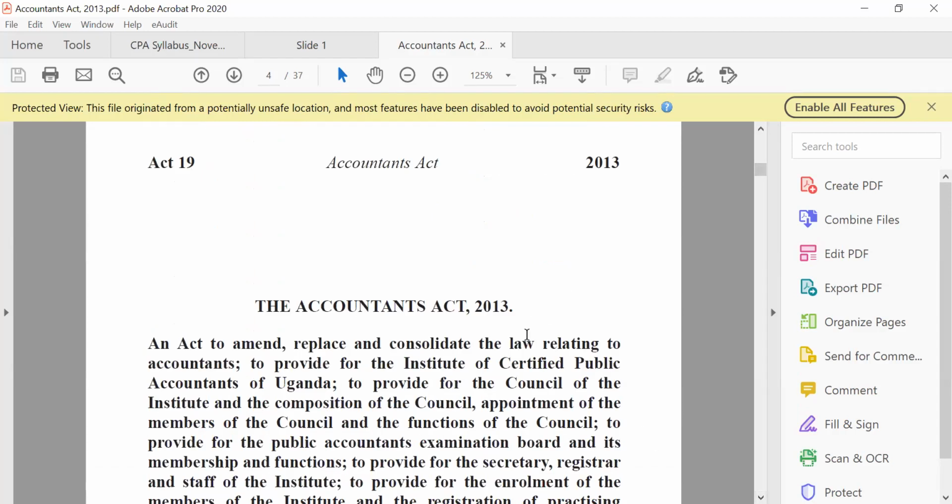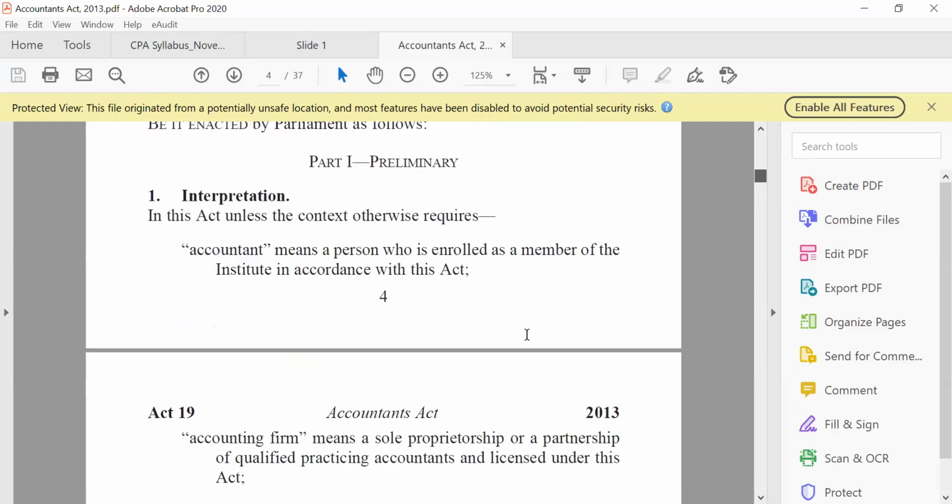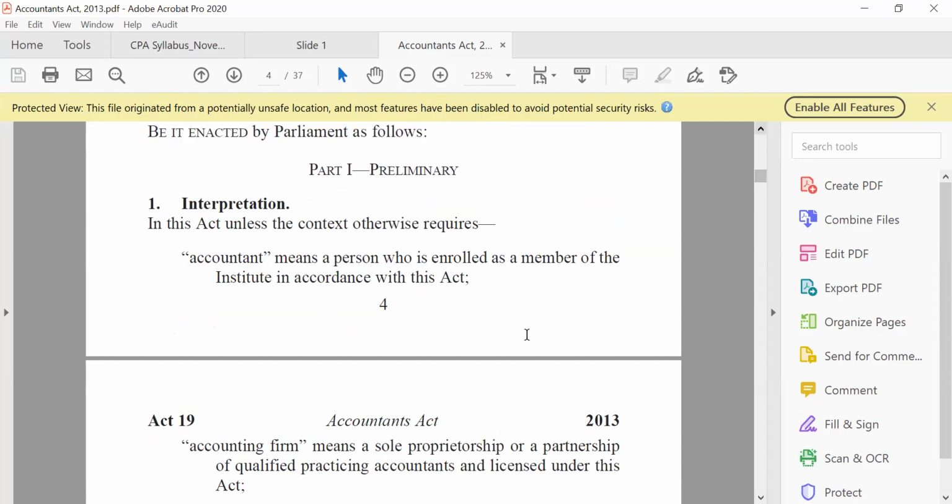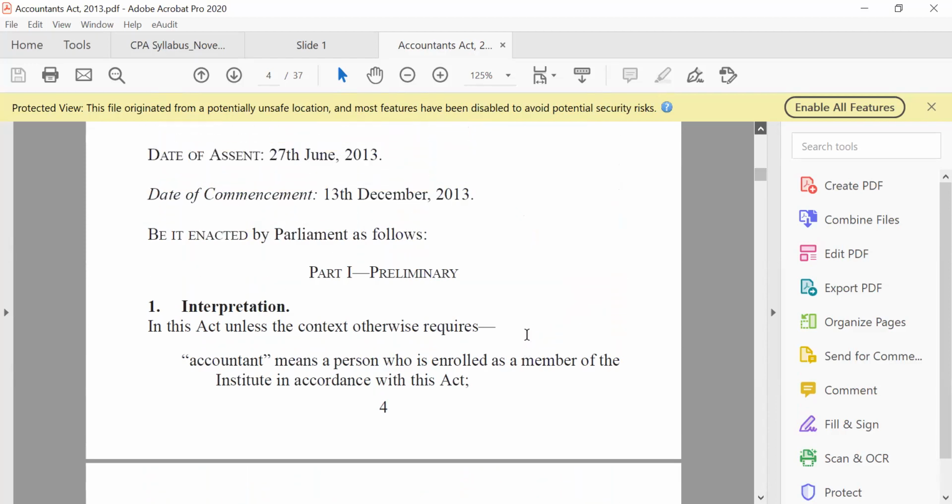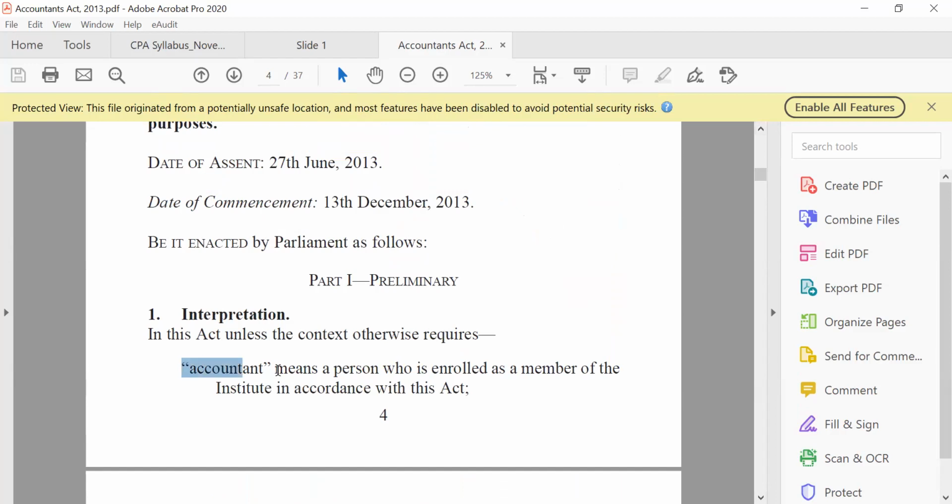But for reasons of this, we want to understand what the act says about an accountant, okay? The act is saying that an accountant means a person who is enrolled as a member of the institute in accordance with this act.